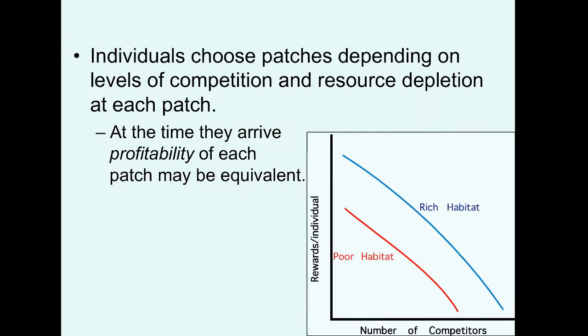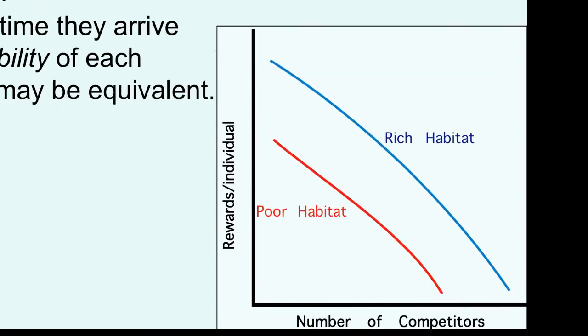And here's a model that demonstrates this idea. So on the x-axis we have the number of competitors, and there are different numbers of competitors that can be in a rich patch or a relatively poor patch, and there will be different rewards per individual at each of these. So the blue line indicating the rich habitat obviously is to the right of the poor one, indicating that for a set number of competitors you're going to be better in the rich patch than the poor patch.